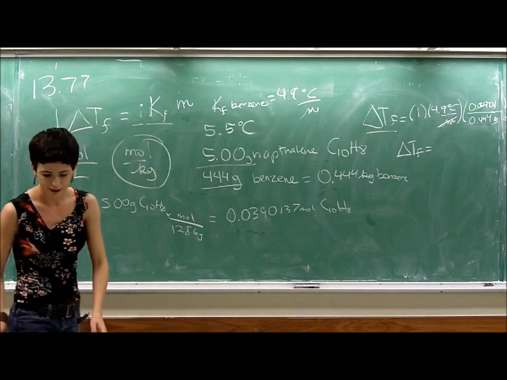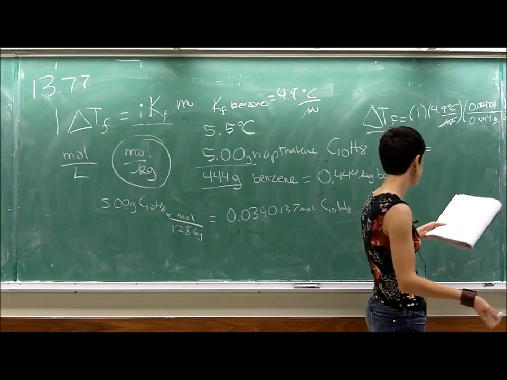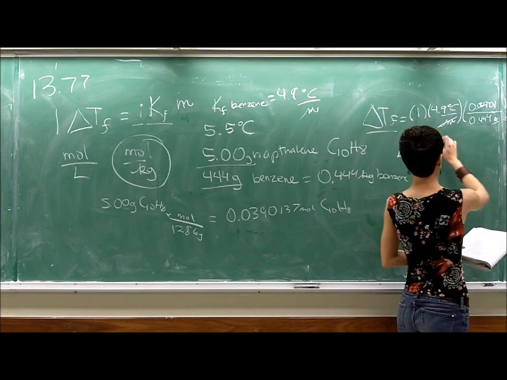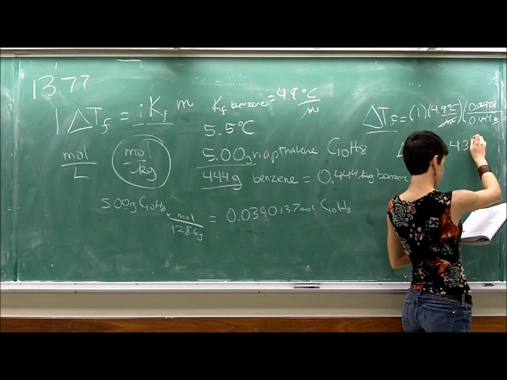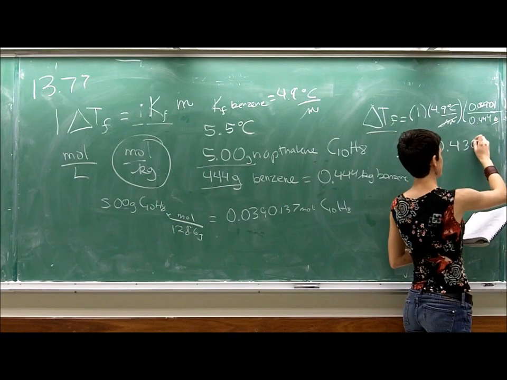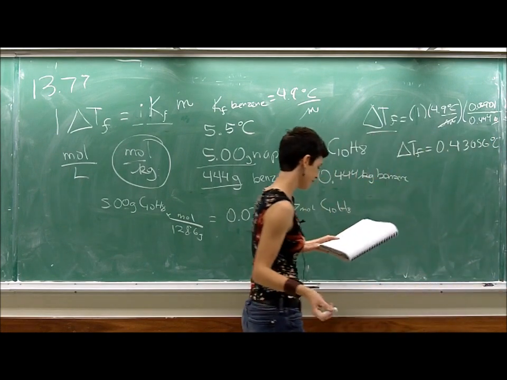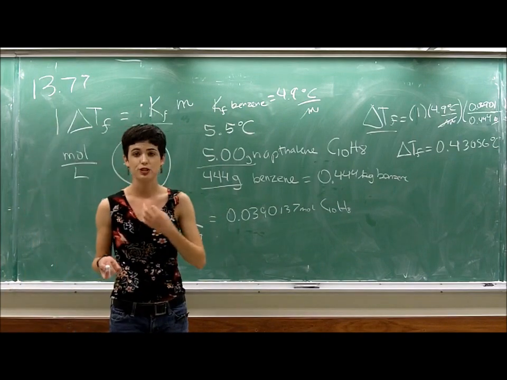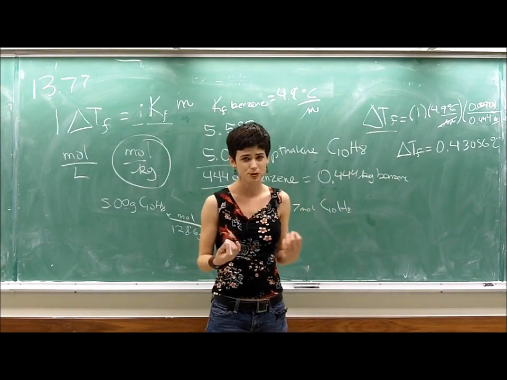0.444, which gets us a difference in freezing point temperature of 0.43056 in degrees Celsius. A common mistake here would be to just report this delta value, but don't do that.